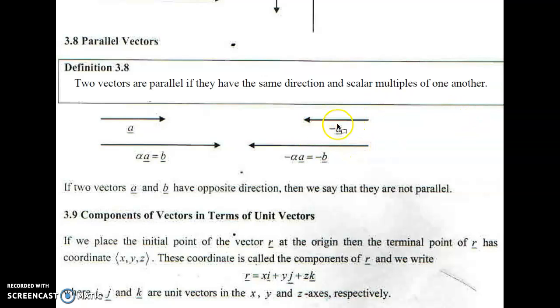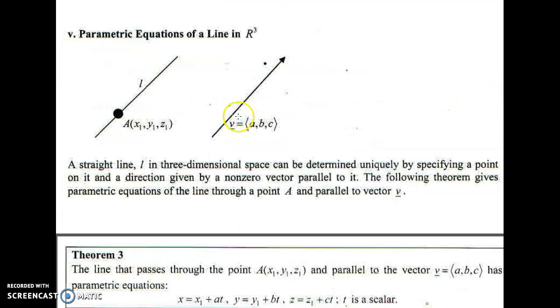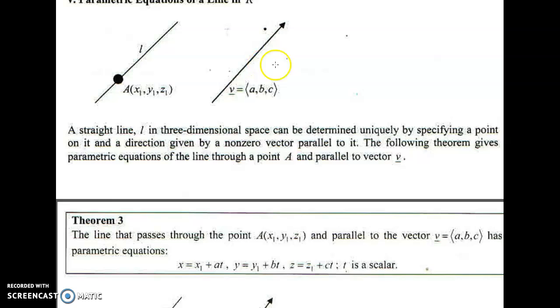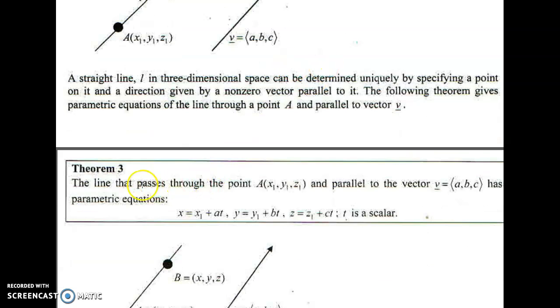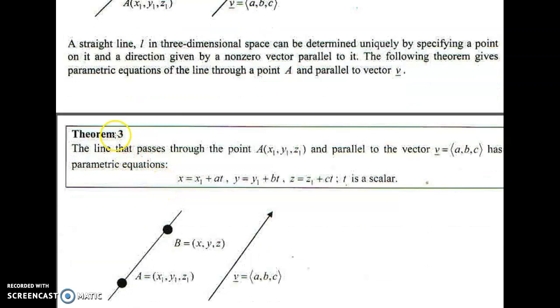Just like what we discussed, this vector needs to be parallel with the line that contains this point, because we need the direction. The direction is what matters, not the length. So based on that notion, we come up with Theorem 3.